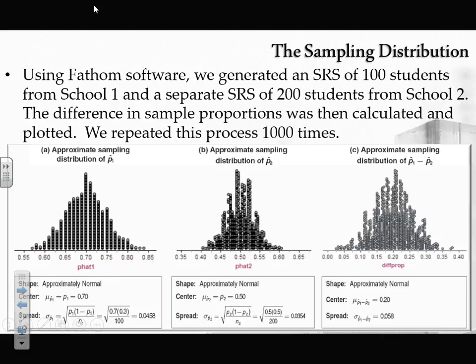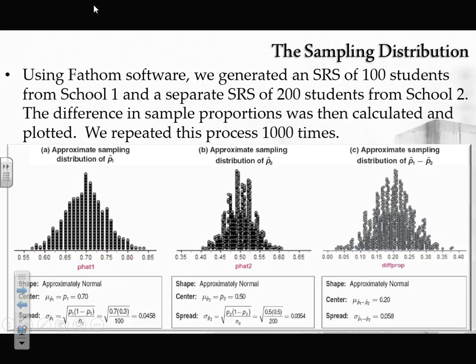They did the process 1,000 times. So they took 1,000 different samples of size 100 from school 1. They did 1,000 different samples of size 200 from school 2. So these first two distributions that you're looking at are the sampling distributions for only the schools individually, school 1 and school 2.